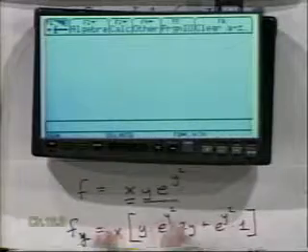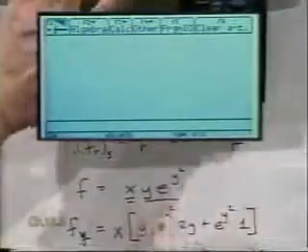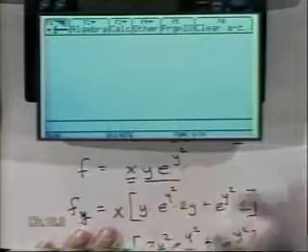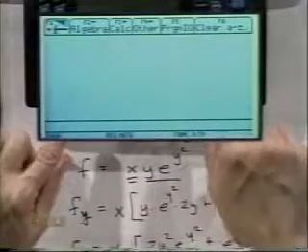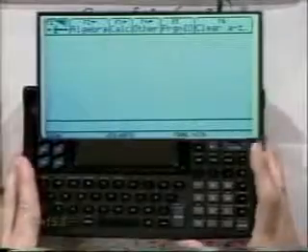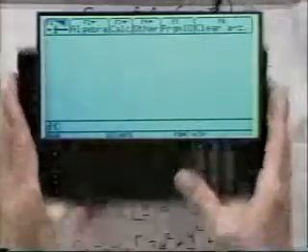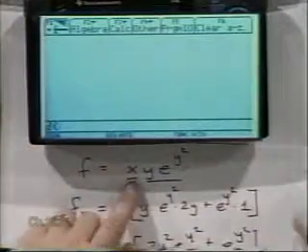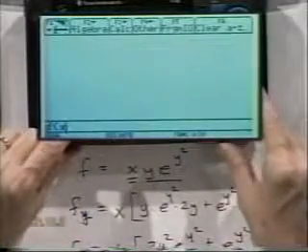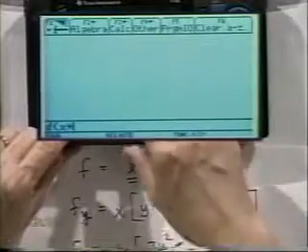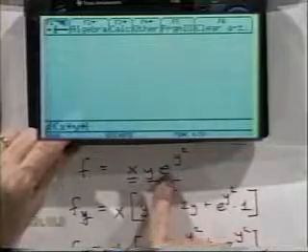Now the function I want to differentiate is xy times e to the y squared. So notice the derivative keys right above the 8. So I go Shift D. All right. The function I want to differentiate was x, no implicit multiplication, just like Maple, times y times e to the y squared.